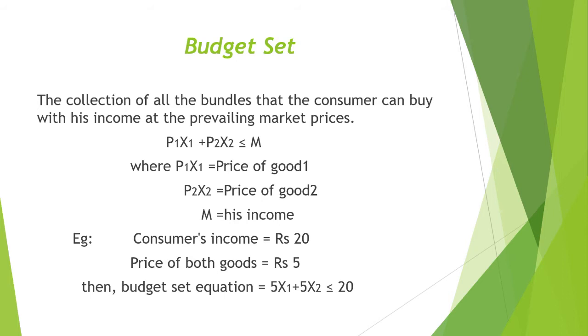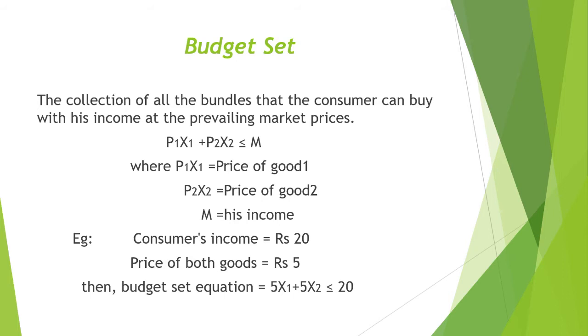Thus, a budget set is algebraically written as P1x1 + P2x2 ≤ M, where P1 is the price of good 1, P2 is the price of good 2, and M stands for his income. If a consumer has rupees 20 to spend on good 1 and good 2 and the price of both the goods is rupees 5, then the budget set equation is 5x1 + 5x2 ≤ 20.